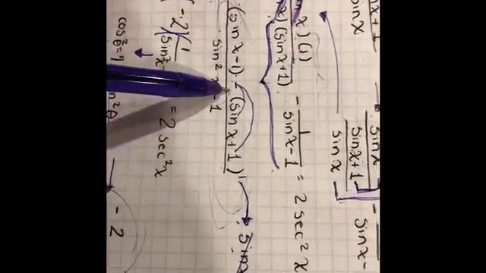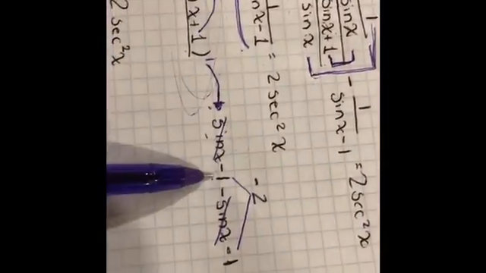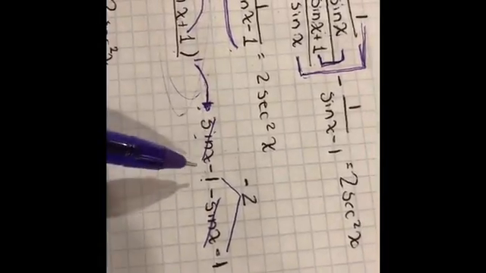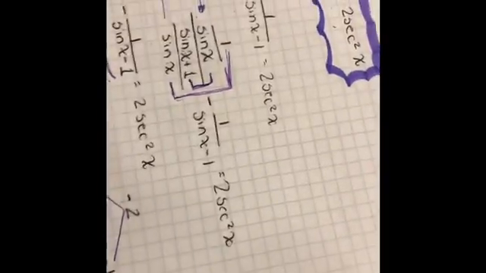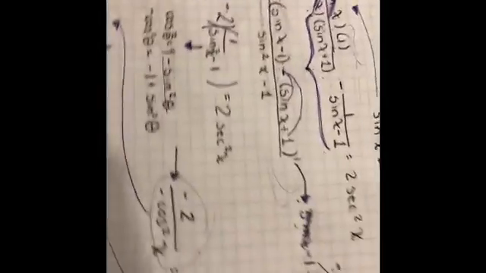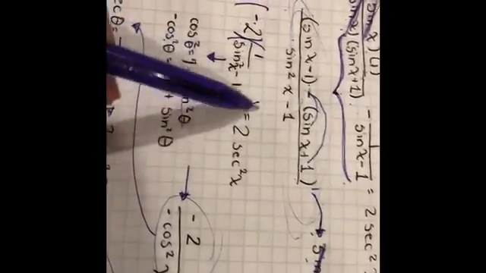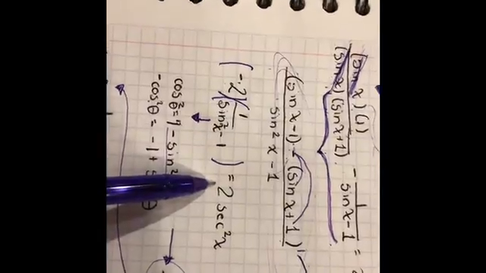We multiply this by minus 1 and we have sine of x minus 1 minus sine of x minus 1. So sine of x minus sine of x equals 0, so we cancel them, and minus 1 minus 1 equals minus 2. Then we write everything again and it leaves us with minus 2 multiplied by 1 over sine squared minus 1.